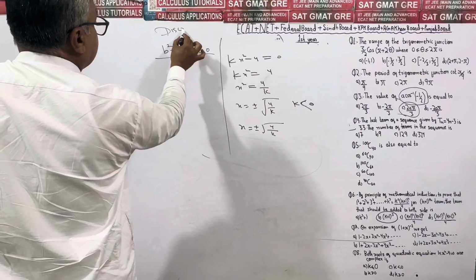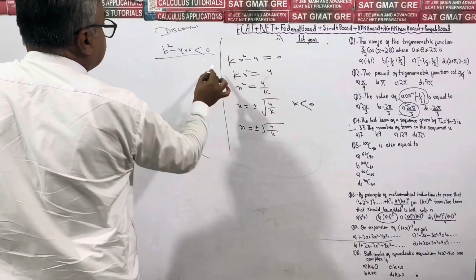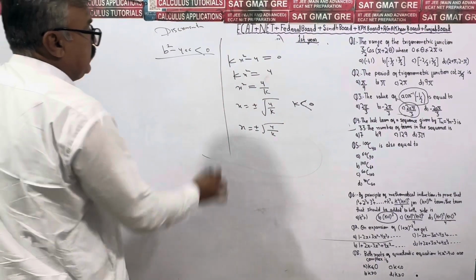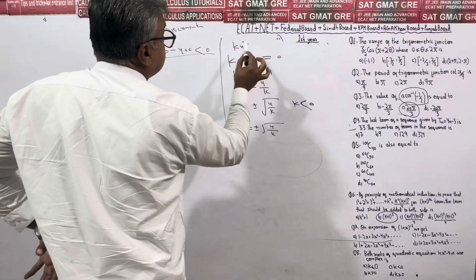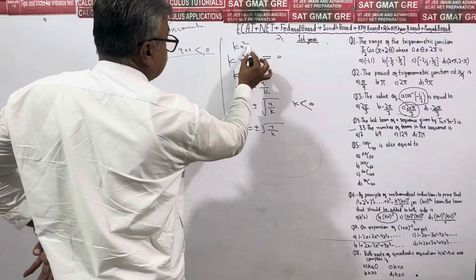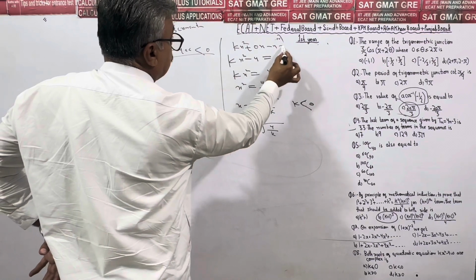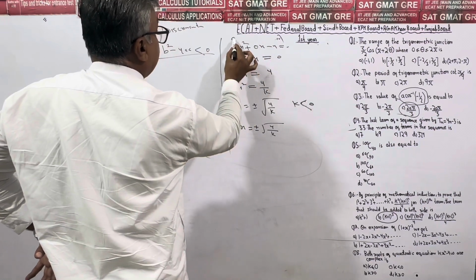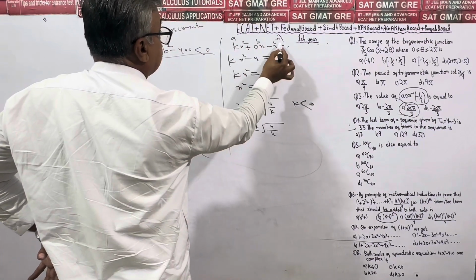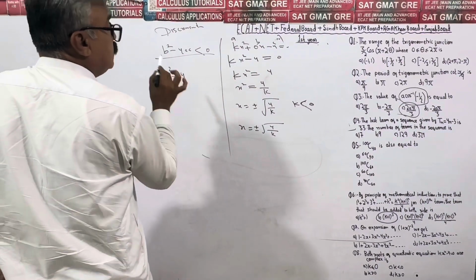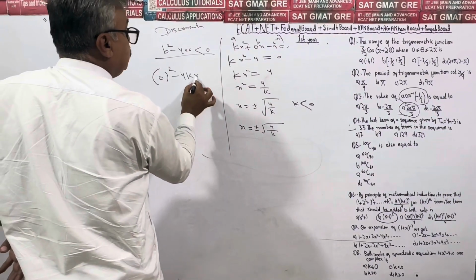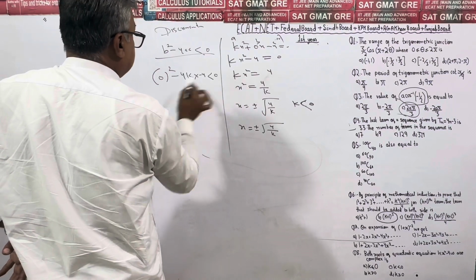When the roots are complex conjugate, then the discriminant is less than 0. Here kx square, the x power 1 term is missing, right: kx square plus 0x minus 4. Now that's our value of A, that's our B, that's our C. Put here B square means 0 square minus 4, A means k, C means minus 4, less than 0.